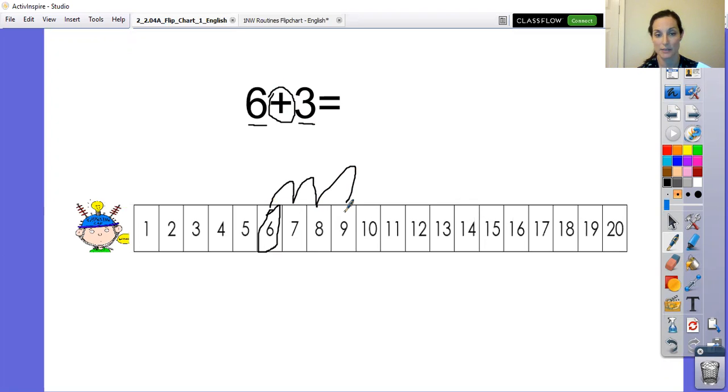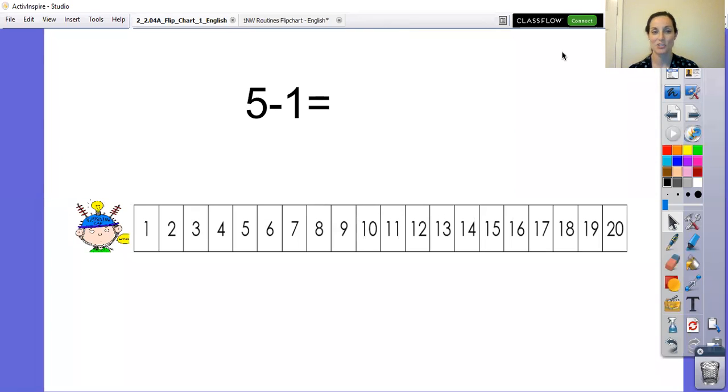And where did we land? Wherever we landed is our answer. So 6 plus 3 is, and if you said 9, that is correct. Okay? So again, make sure that you are using your tools, which is your number path, to help you with your equation.